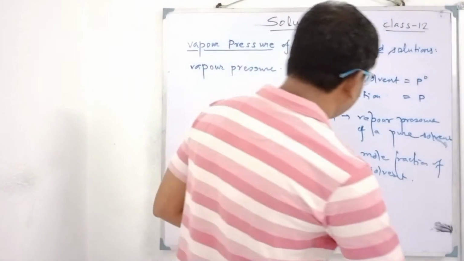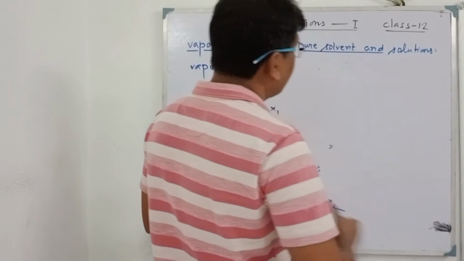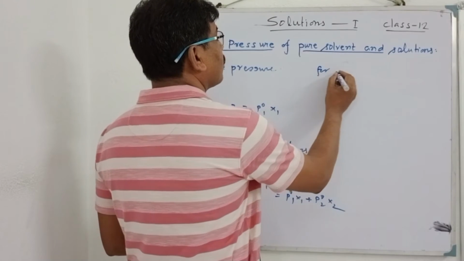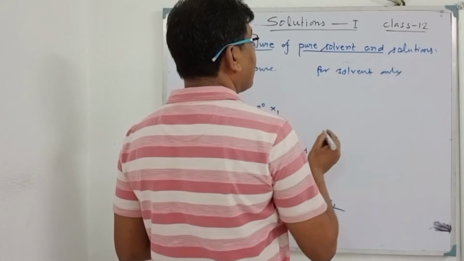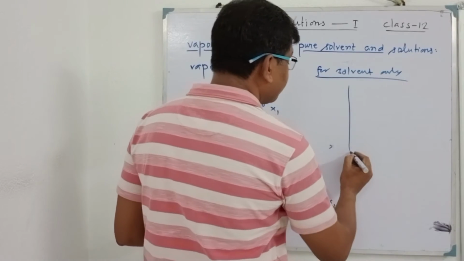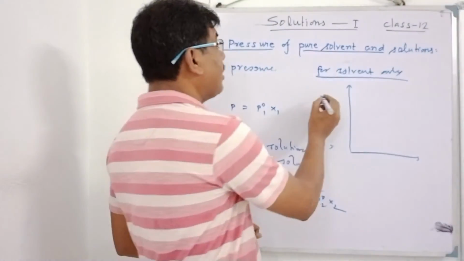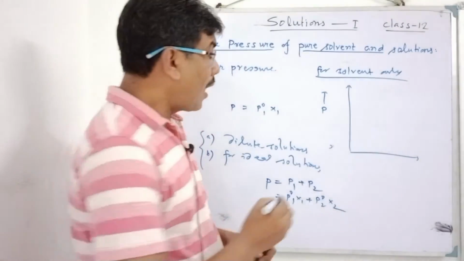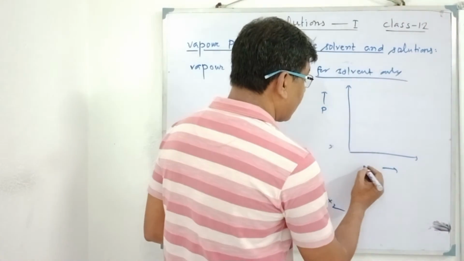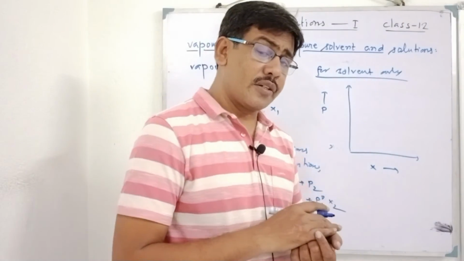If you draw a graph for the solvent only, plotting the vapor pressure along the y-axis and mole fraction along the x-axis, then a straight line is obtained.